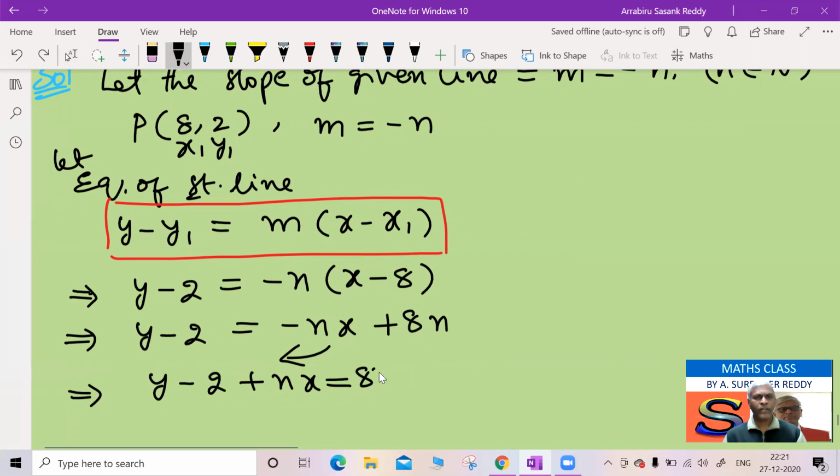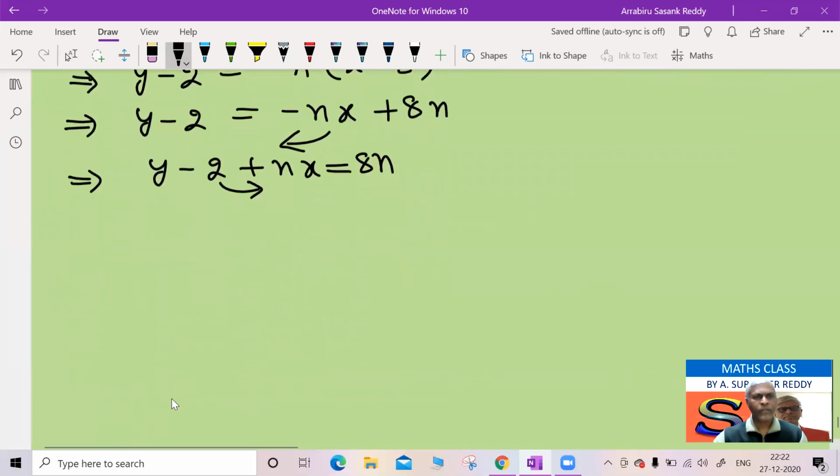So I am writing 8n on the right side only, and minus 2 you can take to the right side. So this is nx plus y is equal to 8n plus 2. Minus 2 becomes plus 2.